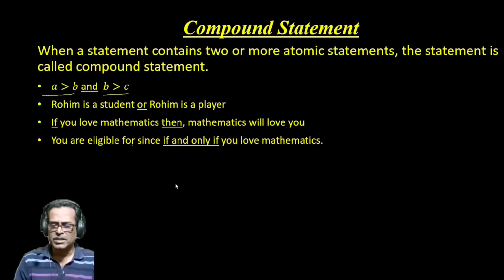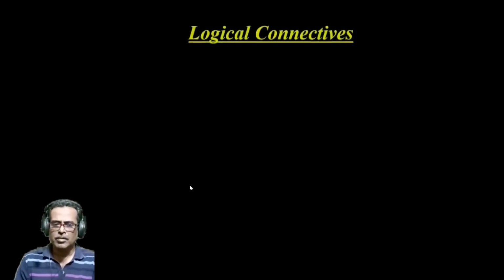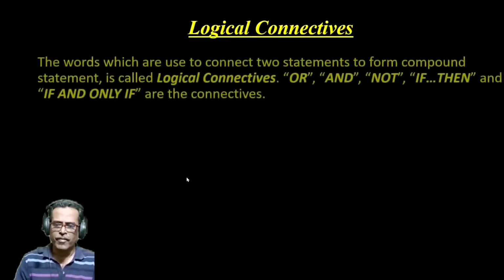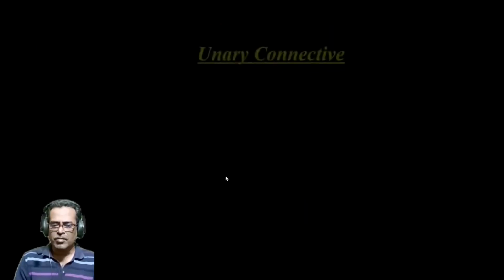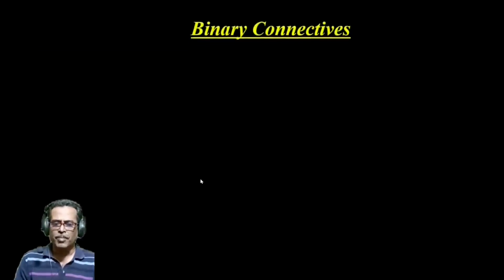Now we will discuss connectives. Logical connectives: the words which are used to connect two statements to form a compound statement are called logical connectives. Or, and, not, if then, and if and only if are the connectives. Unary connective: not is called the unary connective. Next, binary connectives.